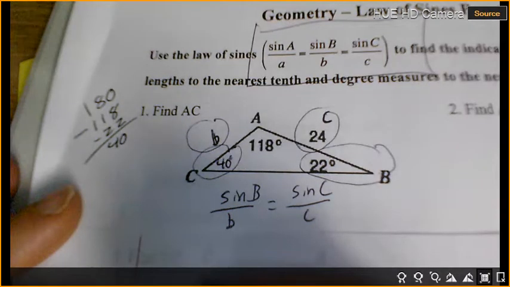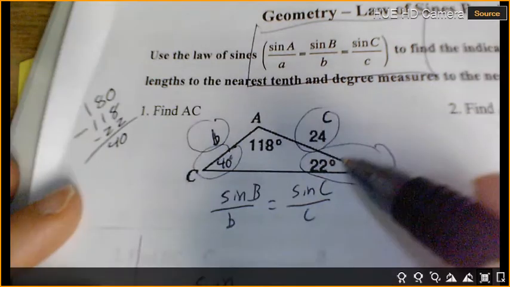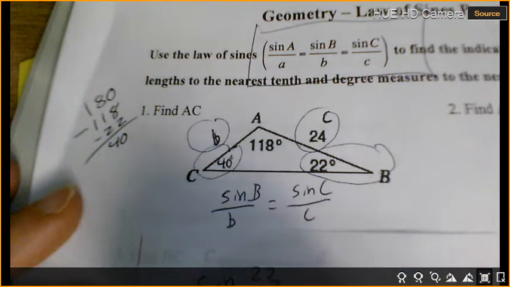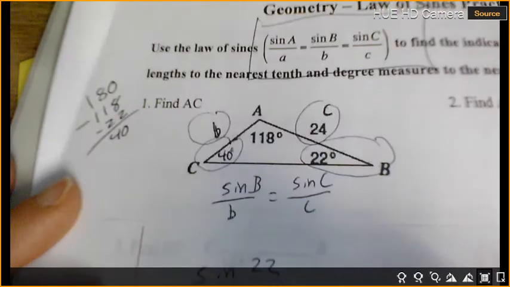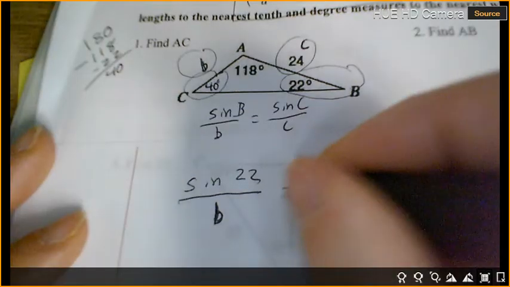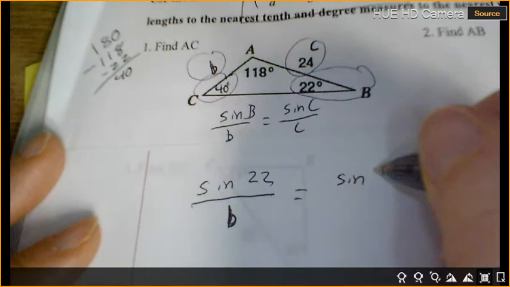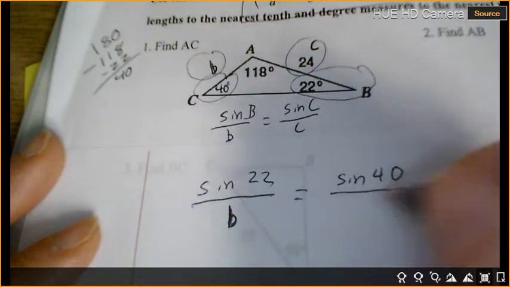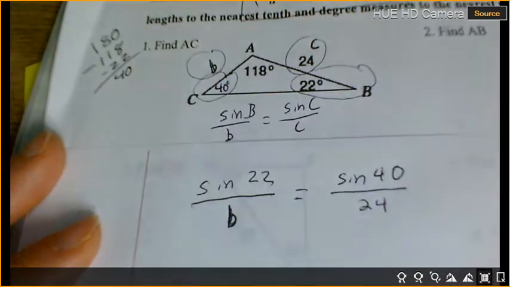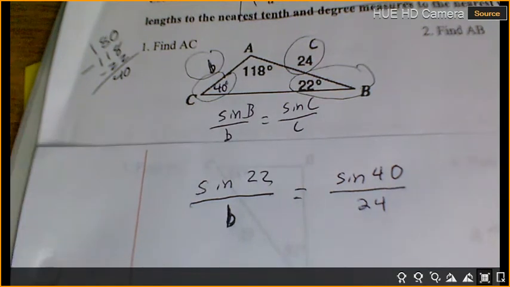Okay, so I'm going to put sine 22, because that's my B, over little b. That's what I don't know. And then I'm going to have sine of C, which is 40, over little c, which is 24. Now how would I solve this?